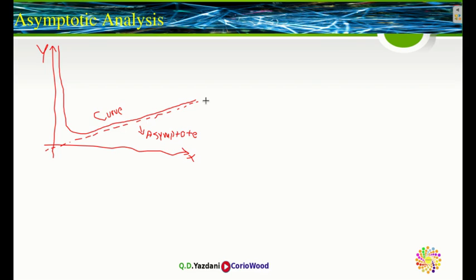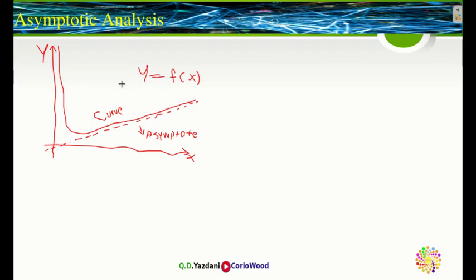An asymptote of the curve y = f(x), in implicit form f(x, y) = 0, is a straight line such that the distance between the curve and the straight line tends to 0 as the points of the curve approach infinity.